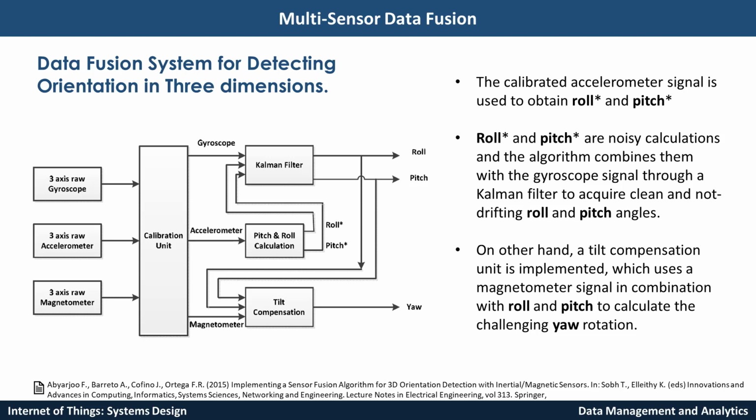Basically, a Kalman filter is a filter that helps to reduce the noise of any type of signal. Then they have implemented a tilt compensation unit which uses the magnetometer signal in combination with roll and pitch to calculate the yaw rotation.